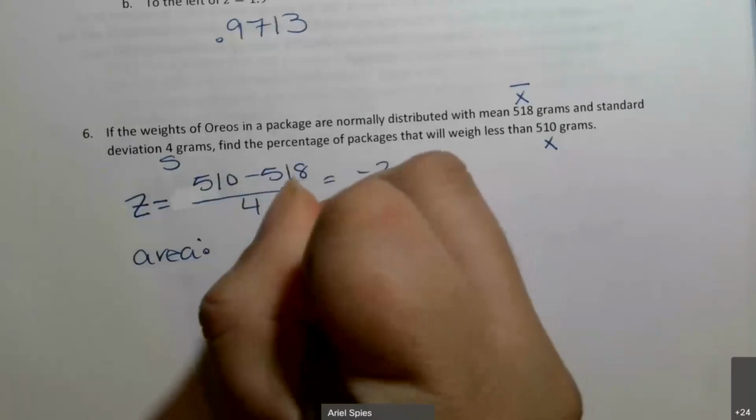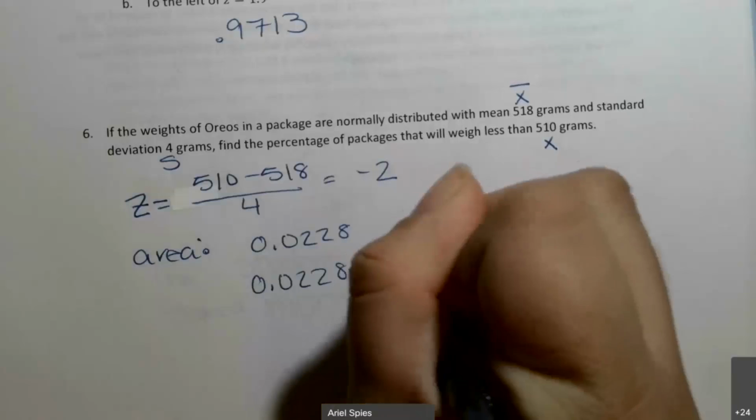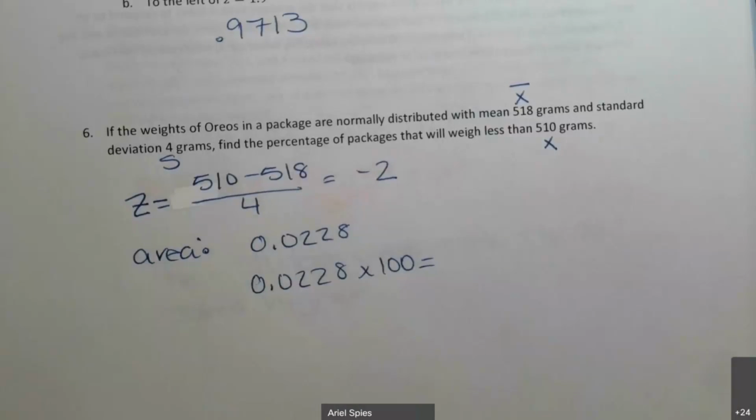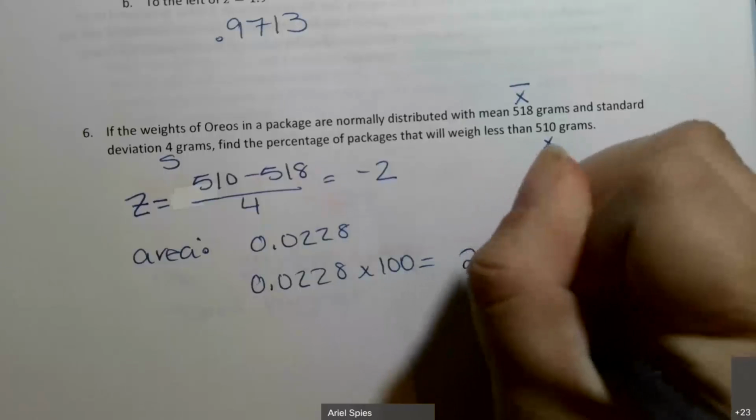I'm going to take the 0.0228 and multiply by 100. So this one would be just the 2.28%.